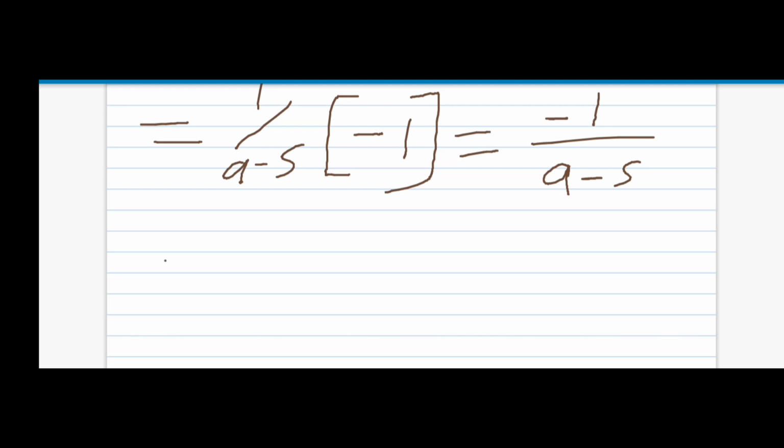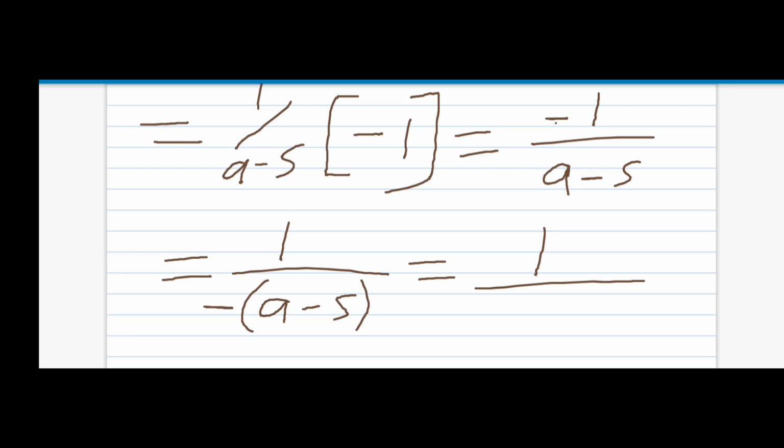Now since we have minus up, we bring the minus down. So basically what we have is 1 over, bringing the minus down, minus a minus s. And that gives us 1 over, now the minus attacks this a and attacks this s. Now remember that this s has a minus, so the minus here, we turn this minus to plus.